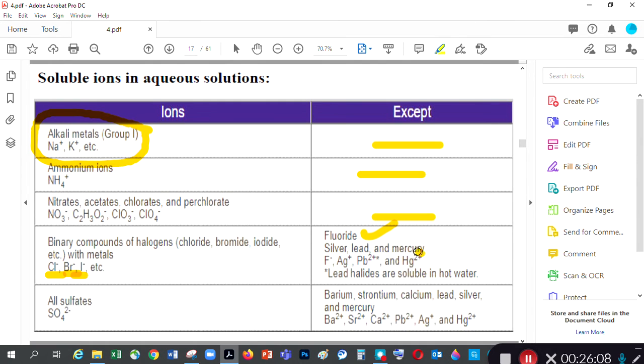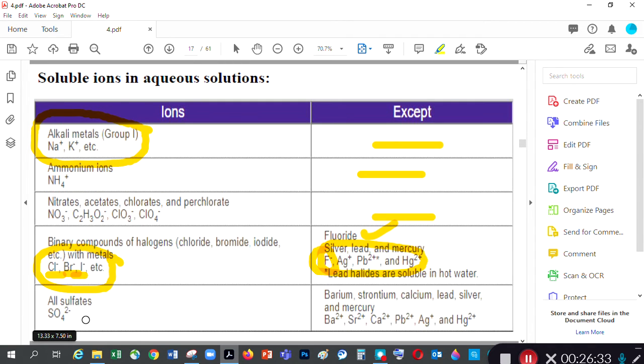Then we have those 4 ions that are not soluble. If I have lead 2, silver, or mercury 2 combined with those 3 halogens, they will be insoluble. So those are the exceptions.